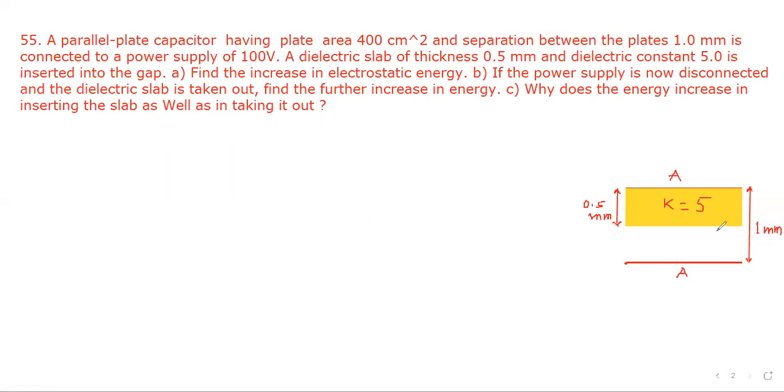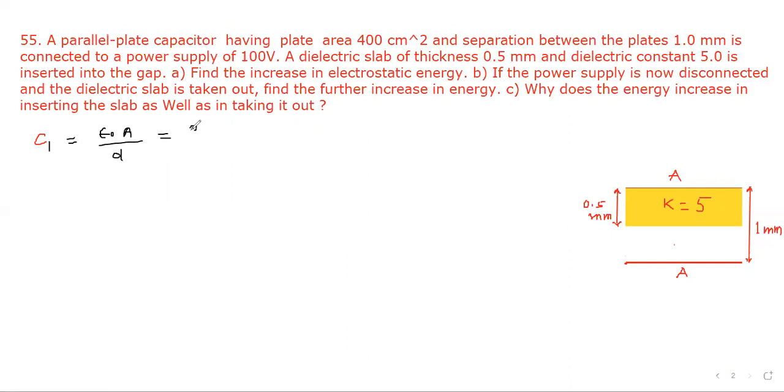Here the situation is shown. Here there is a dielectric slab of thickness 0.5 mm. Total separation between the plates is 1 mm. So here there is air. Now let's consider the first part, increase in electrostatic energy. So we have to find out the capacitance first. C1 is equal to epsilon naught A divided by D when there is no dielectric.